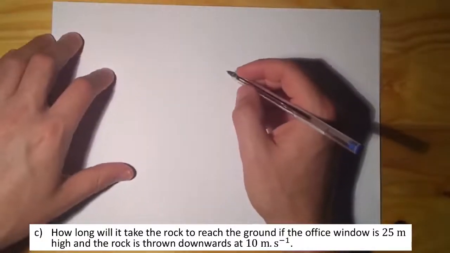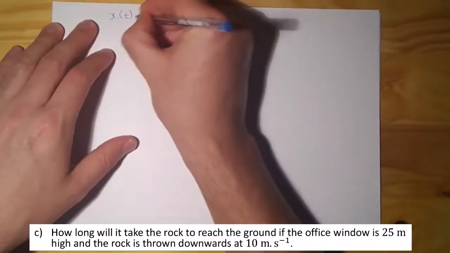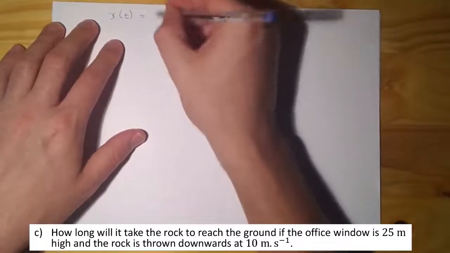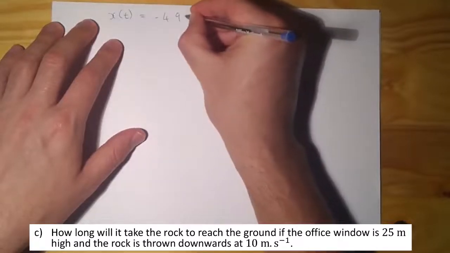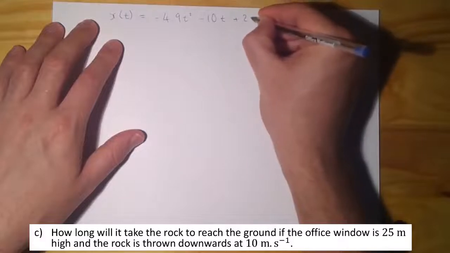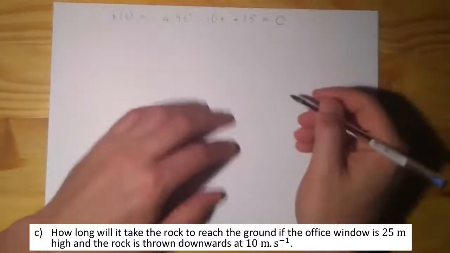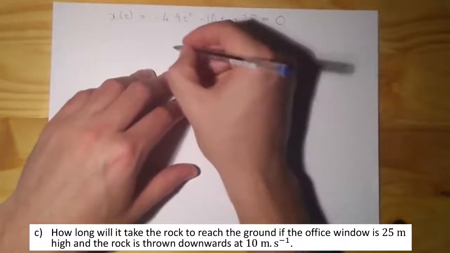So let's quickly rewrite what x is. It is minus half g, so that's going to be minus 4.9 t squared minus 10t plus 25 equal to 0. Right, so we want to find when it's 0. Okay, so this is just old stuff.